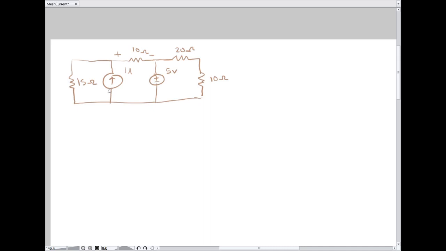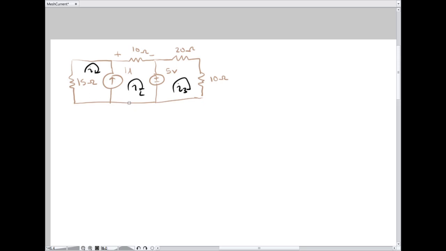So we have our super mesh I1, and then this mesh, well, nope, that's not how you do that. I don't know what I was. Mental lapse. I1, I2, I3. Okay, so I1 equation. Well, first the super mesh.